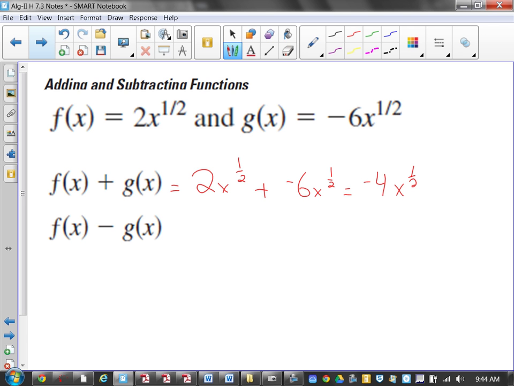What are you going to screw up when you have subtraction of a negative, though? You're going to have to do the double negative. You get 8x to the half. Not that bad, is it?